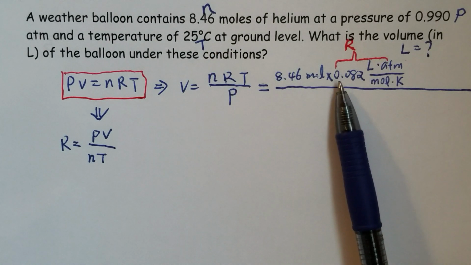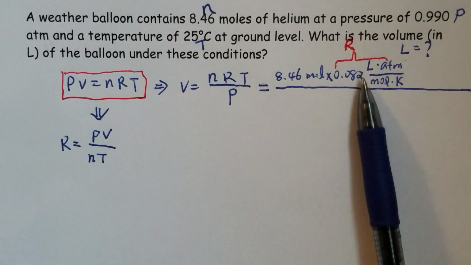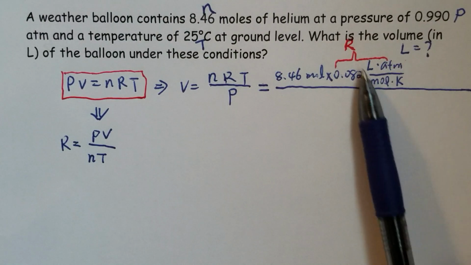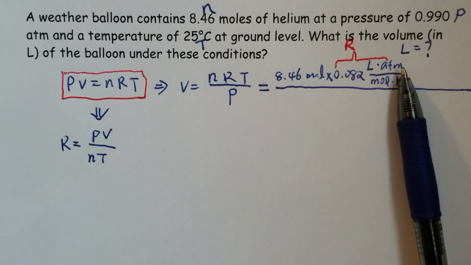So that's why we use this 0.082. This constant always goes with this set of units. There's another one with a different value and different units.